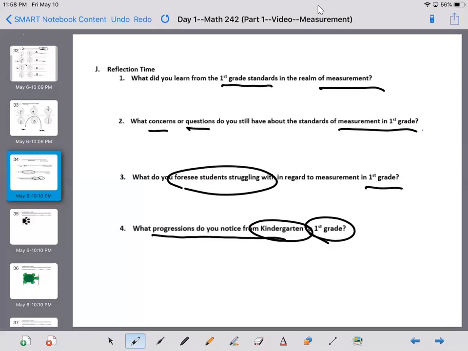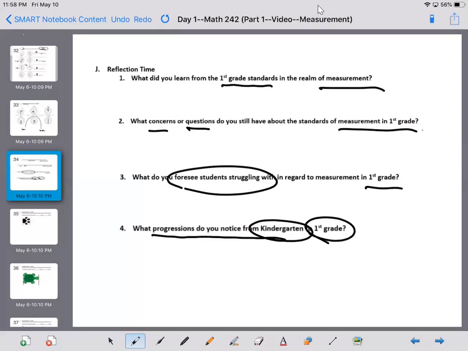It's always good to really have that conversation with people in a grade level before you and after, to see, okay, when they get to you, what are some of the deficiencies that you see? So it really kind of gives you an idea of where you need to hone your skills on certain standards.